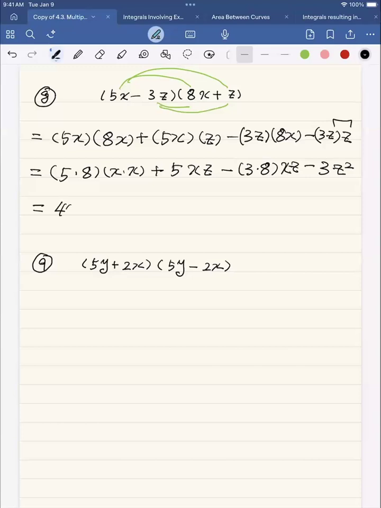So that's 40x squared plus 5xz minus 24xz minus 3z squared.